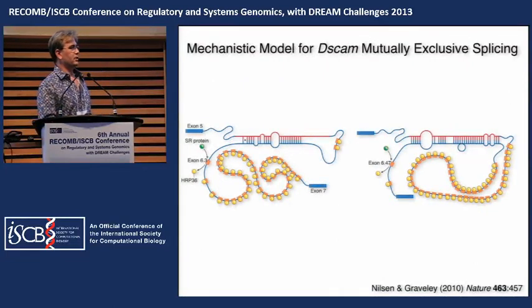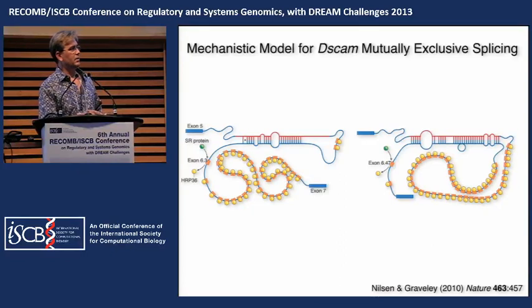We've also done some RNAi screens where we've identified a protein called HRP36, which binds to and represses all these exons. So we think the mechanism by which the mutually exclusive splicing works is that all the exons are repressed by this HRP36 protein. We get base pairing interactions between the selector sequence and the docking site.